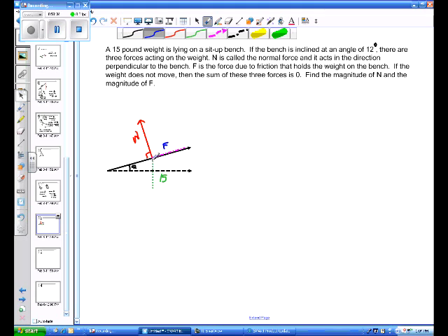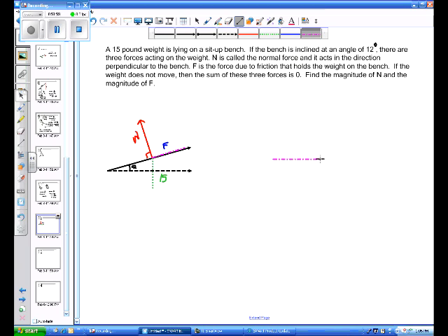Now, when the weight just stays there and doesn't move, then it's in a state of static equilibrium. So the sum of these would be 0. So what we want to do is let's redraw this so that we can see where it would go. And so what we deal with is our friction.